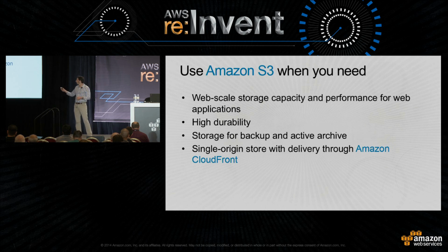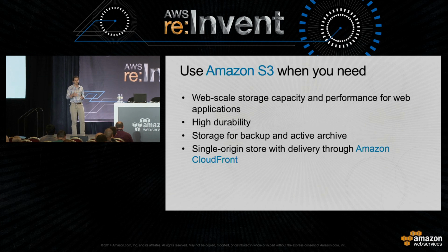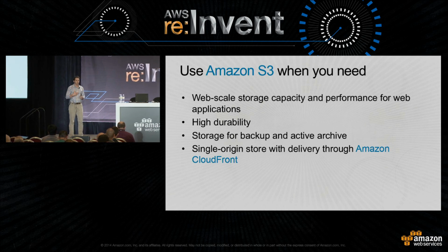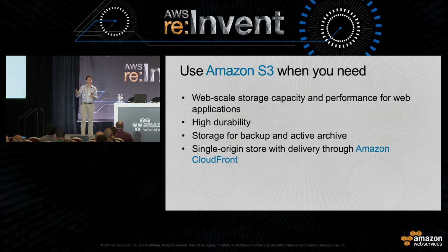You need this when you need to have high durability, 11 nines of durability that we provide. It's also a great platform for backup and archive. It was really optimized for write once, read many, so backup and archive, a great use case. And then finally, as a single origin for when you want to stream things like movie and audio, and optimize the delivery with a CDN such as Amazon CloudFront.